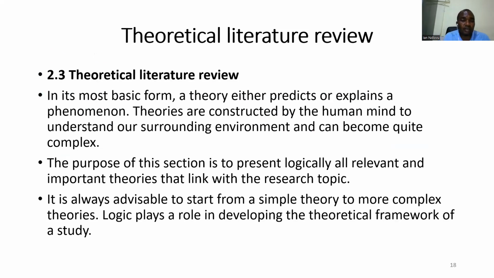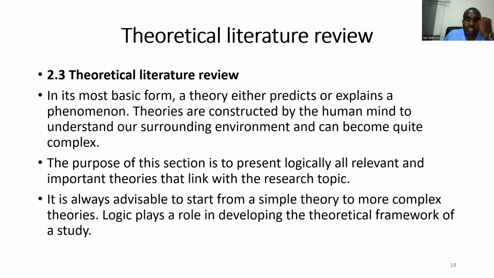When we are looking at the theoretical literature review, in its most basic form, a theory either predicts or explains a phenomenon. Theories are constructed by the human mind to understand our surrounding environment and can be quite complex. So there are simple theories and complex theories.